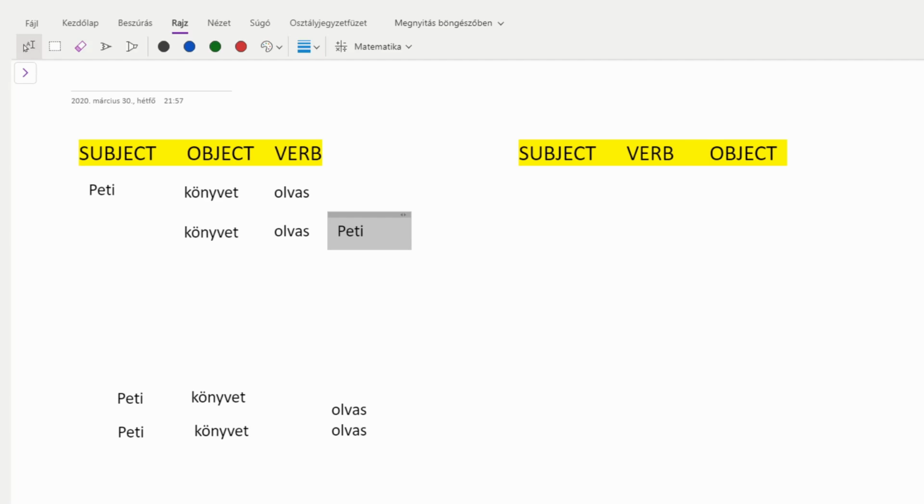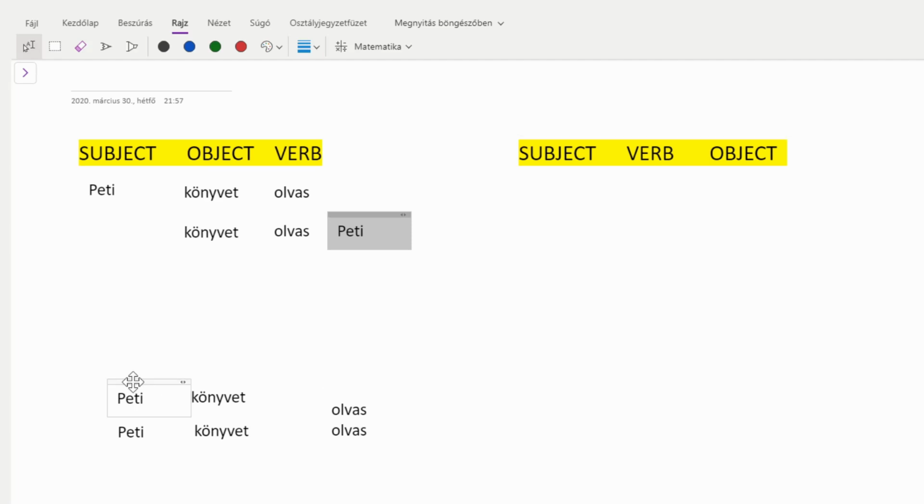Könyvet olvas Peti, és nem magazint. So it is a book that Peter is reading. If you change the word order, but still there's the object just before the verb, it is also possible, but it has a slightly different meaning in terms of emphasis.